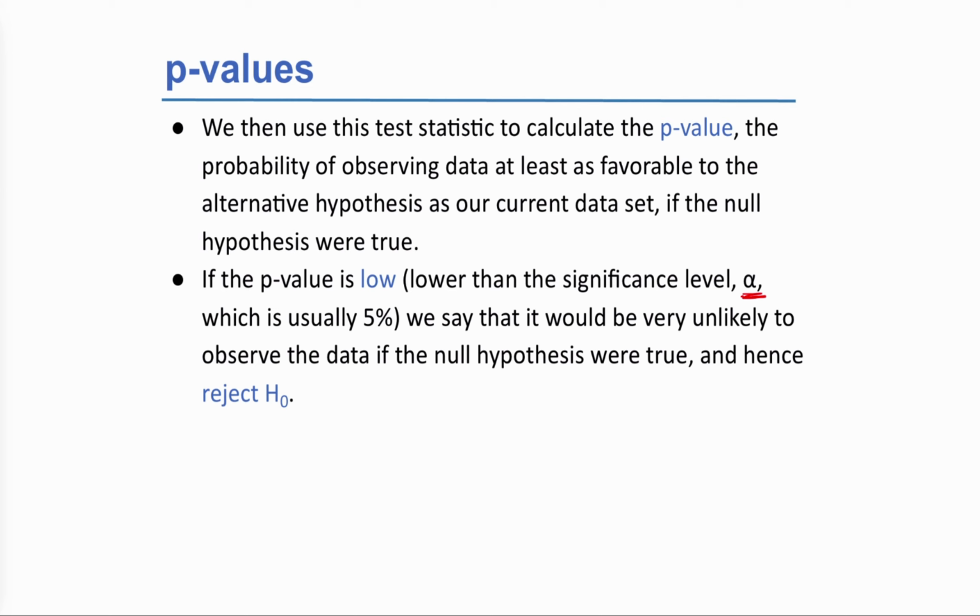But our typical alpha is usually 0.05, 5%. That is just considered a good rule of thumb for the same reason that our confidence interval is usually a 95% confidence interval. It's a good balance between precision and accuracy, basically.